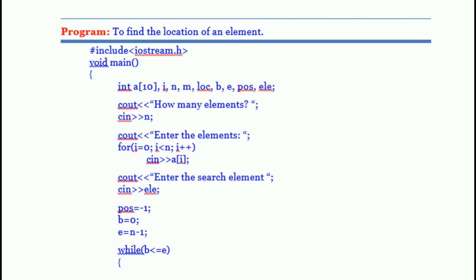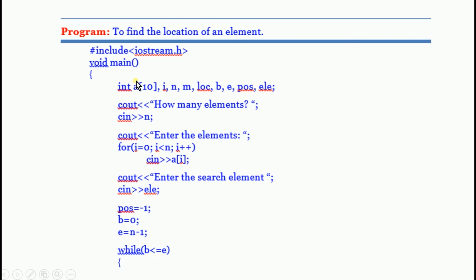Again you can see the program for the binary search. We have seen the algorithm and now the program, how it works. So first we will take #include iostream.h as common to take cin and cout.